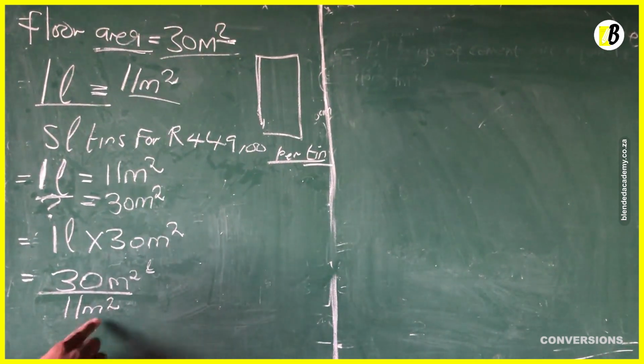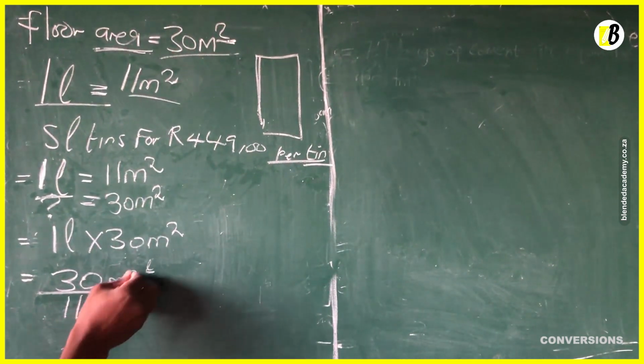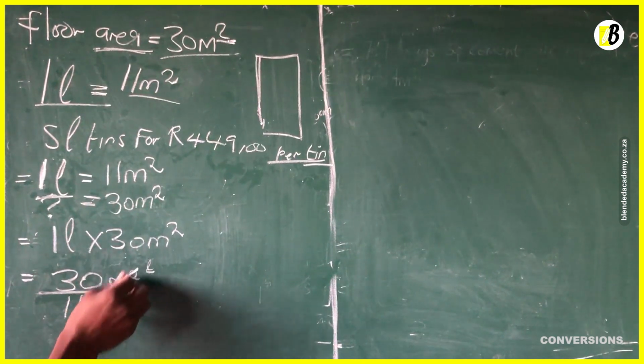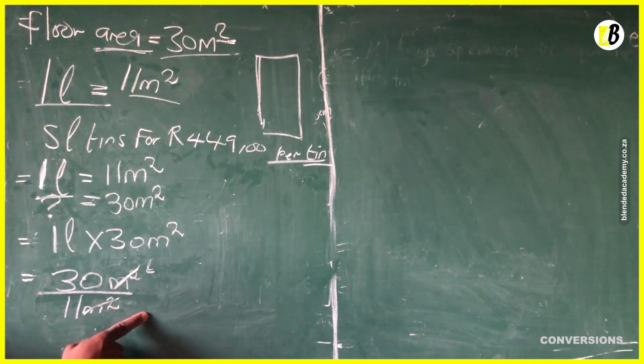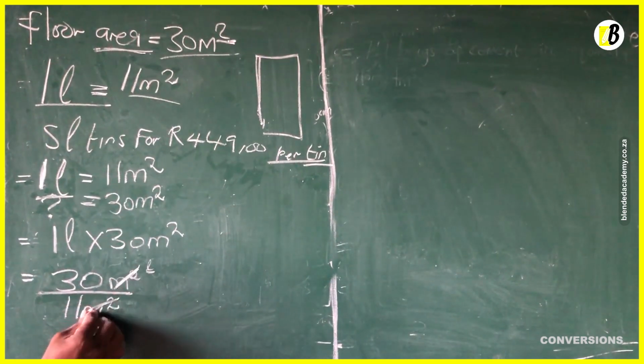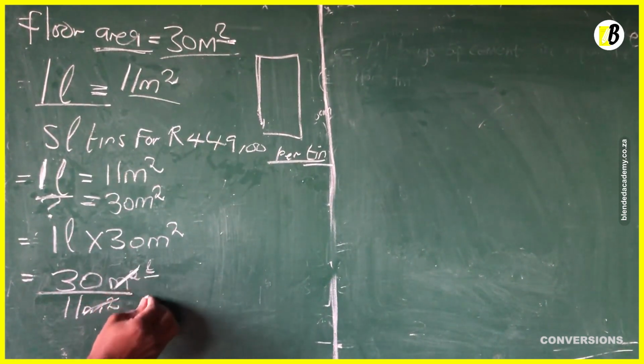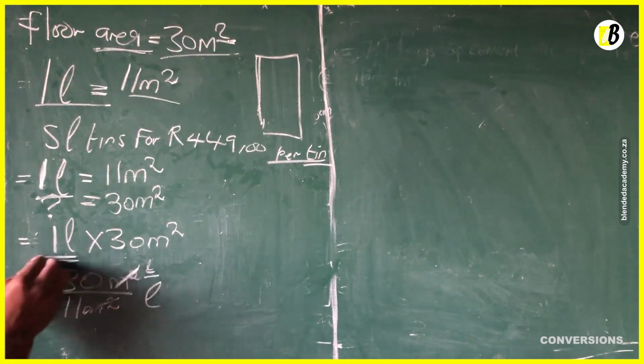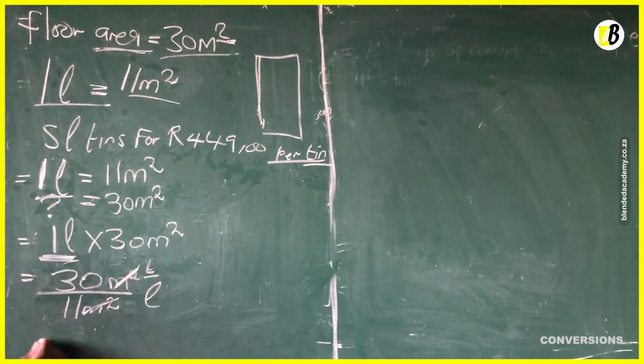The measurement units, they're going to cross with each other, and then we're going to be left with the liters that we want. So this is the liters that we want, the question mark that we put here.